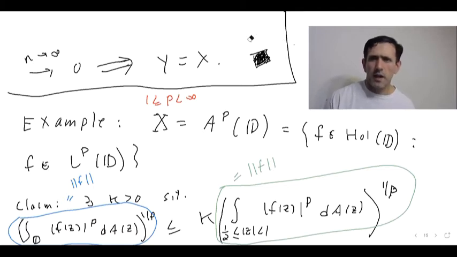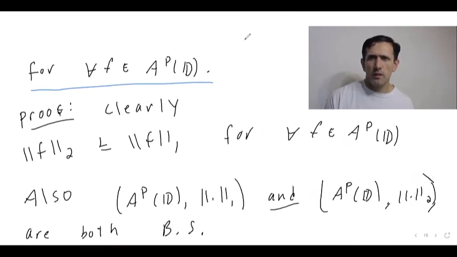Sorry, I have it mixed up. My apologies. Let's say this is the 1 norm, and this is the 2 norm. Now I have the 1 norm, where we're integrating over a smaller set, is less than or equal to the 2 norm. That's really what I want. It doesn't matter really, you can always just switch them.